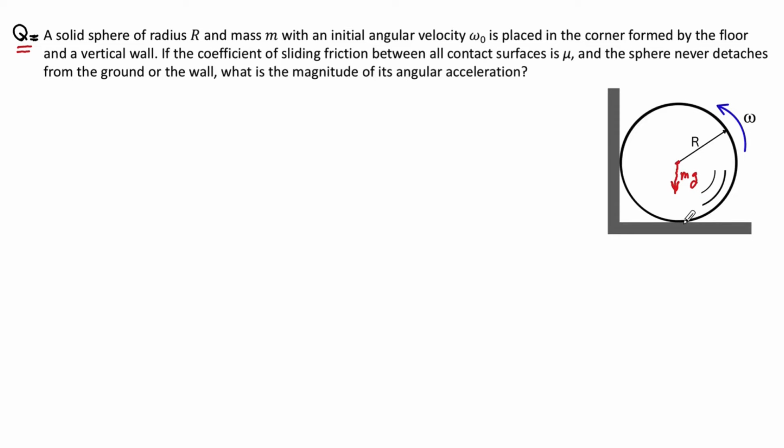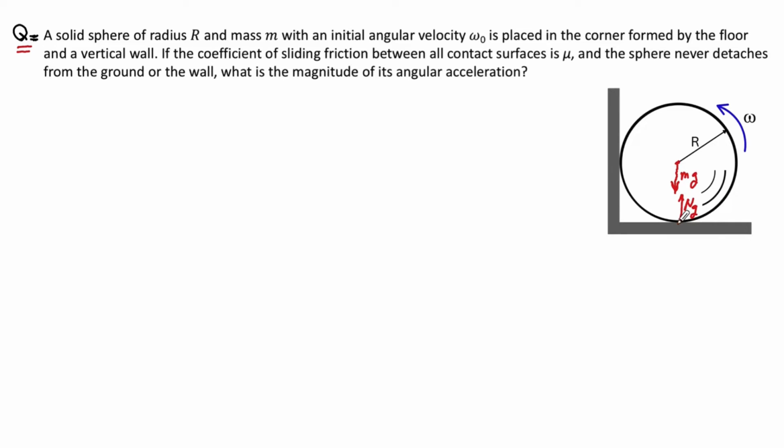The other force is the normal force in the upward direction. G stands for ground. And the direction of friction can be found if we assume that this contact point is trying to move to the right side.